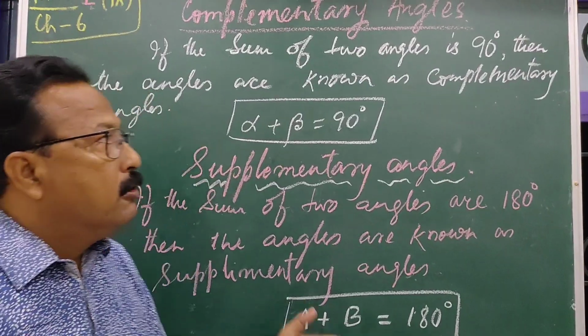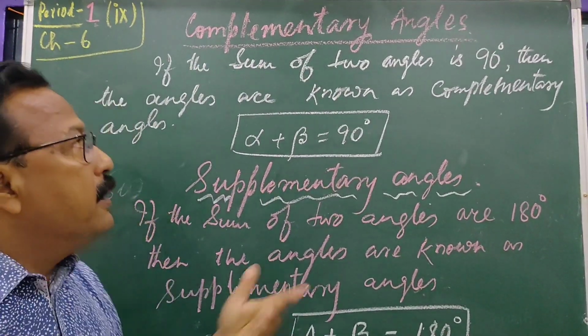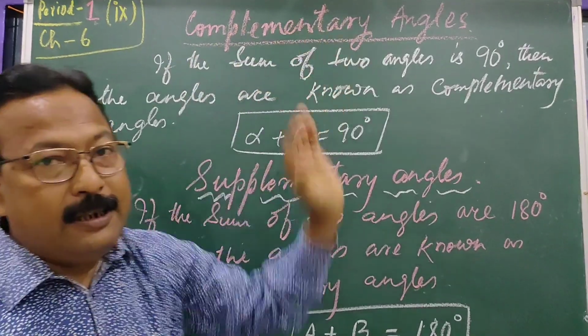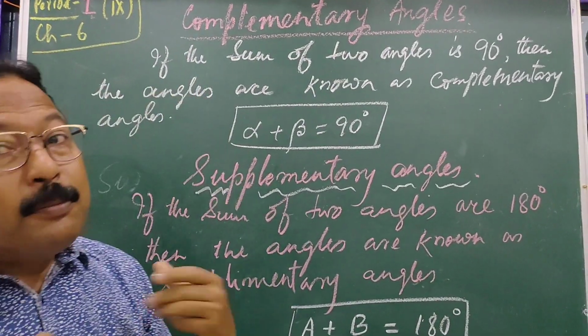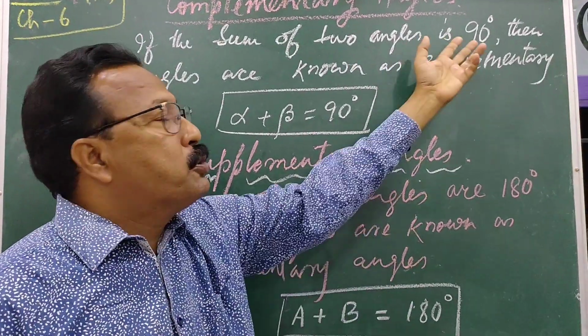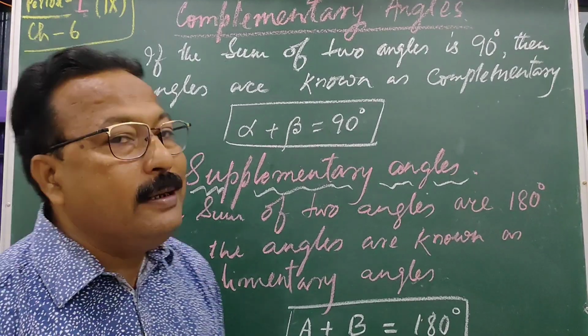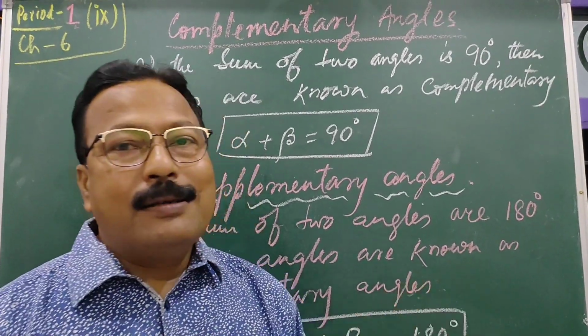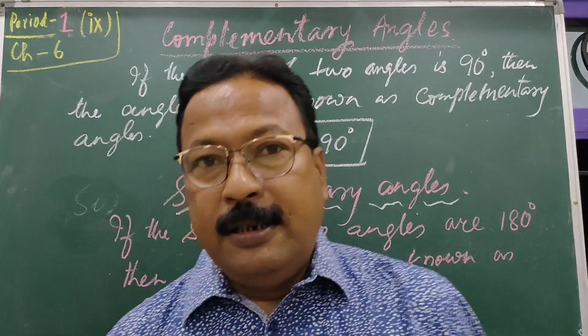Now we are going to take a few angles that exist in pairs, such as complementary angles. When the sum of two angles equals 90 degrees, then both angles are known as complementary angles.